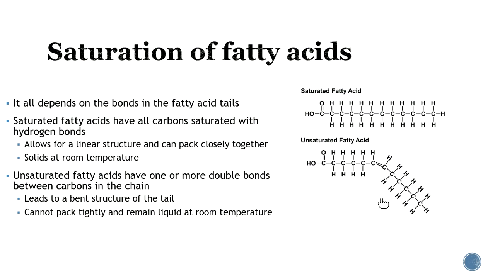Now, an unsaturated fatty acid is going to have at least one or more double bonds. Now, when a double bond happens between the carbons, what it does is it causes a kink. All right, so it looks like a little bend right here. So when that little bend happens right here, it kind of regulates how the molecules can interact.